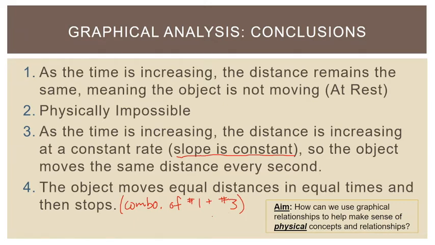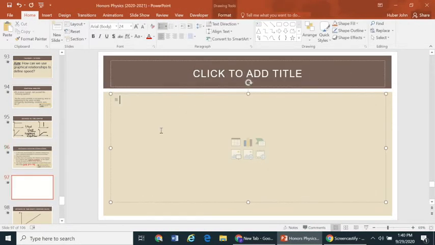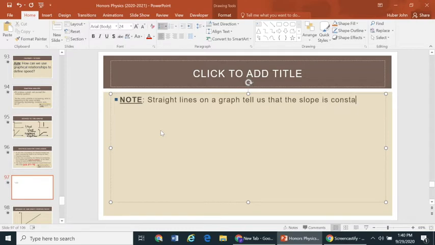Let's take a second to write one quick note here. And that quick note is going to be: straight lines on a graph tell us that the slope is constant. It could be positive, 0, or negative.